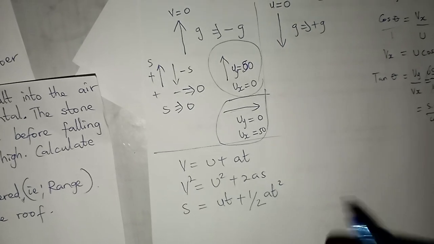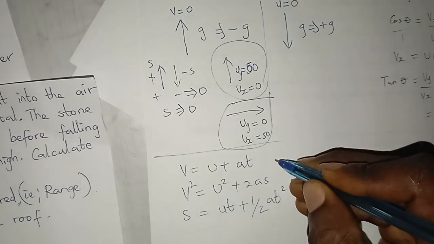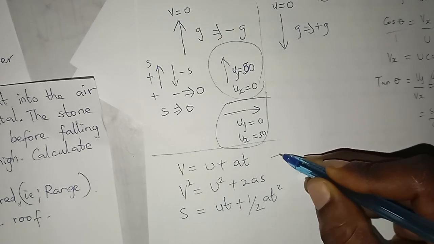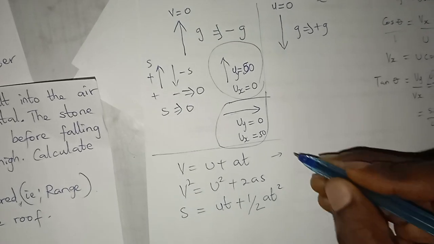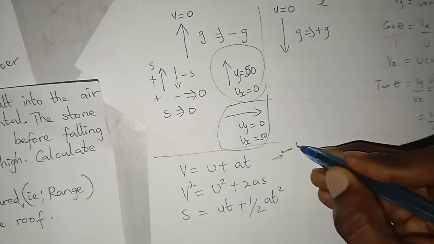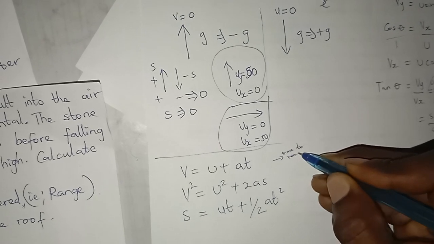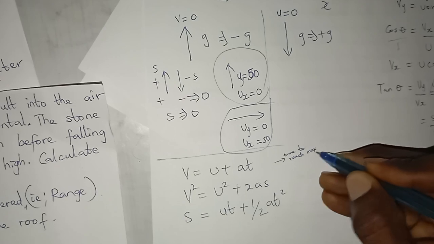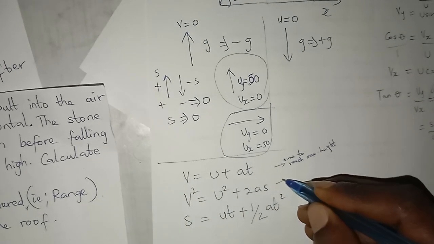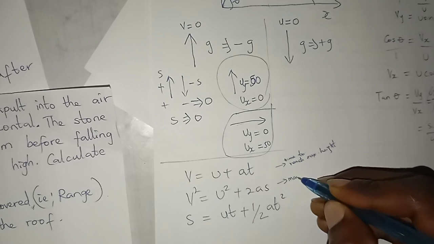Now, I want you to know that anytime you want to find the time to reach maximum height, you use this one. You will see what I mean. And anytime you want to calculate maximum height, you use this one.